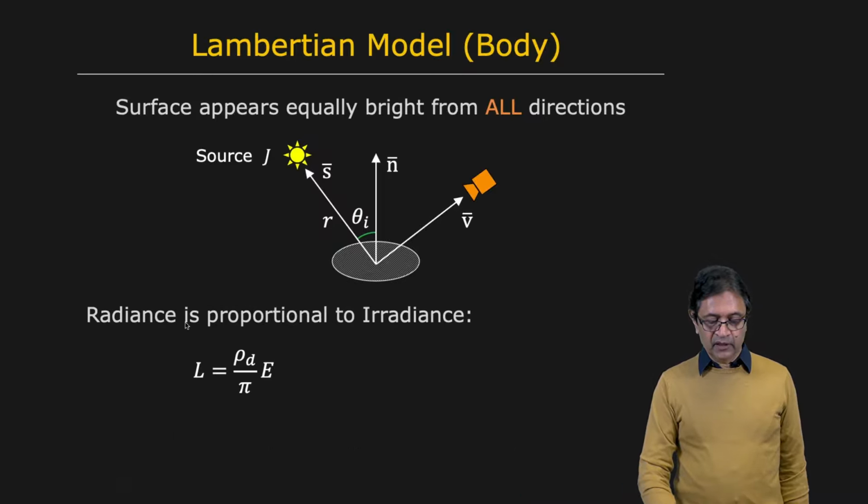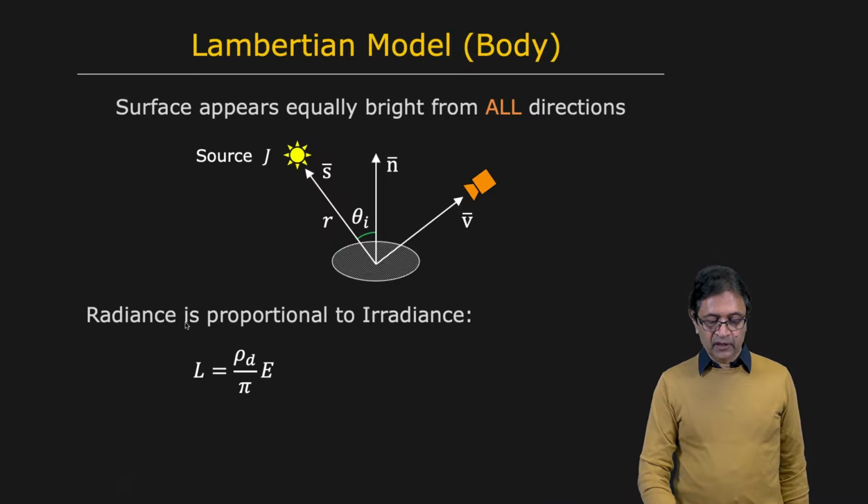That's a Lambertian surface. Here's an example of a Lambertian surface. If you look at this face right here, it's not possible for me to show you this, but if you moved around this face, you'd see that it appears equally bright. The only reason its brightness changes is when the illumination direction changes or the irradiance changes.